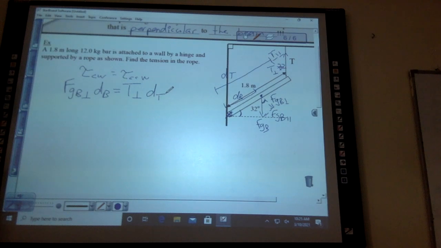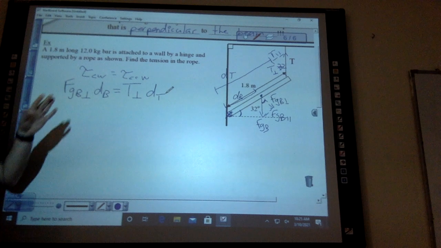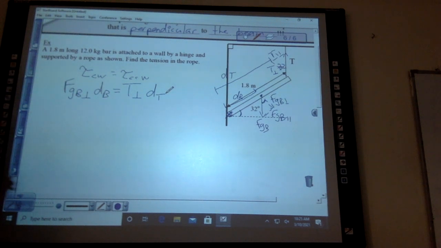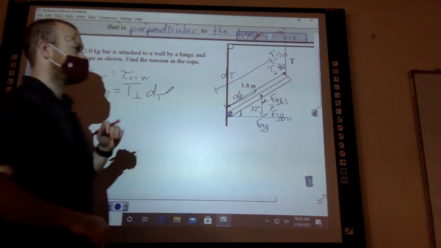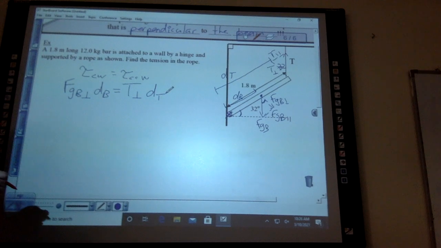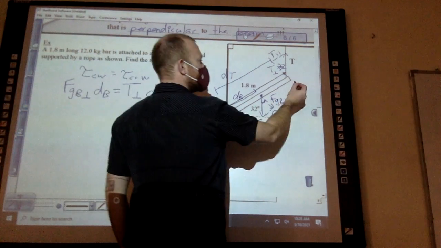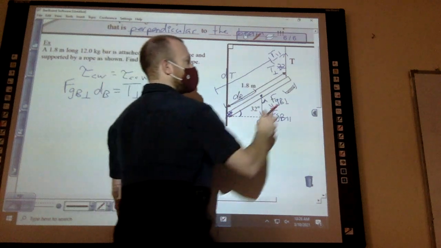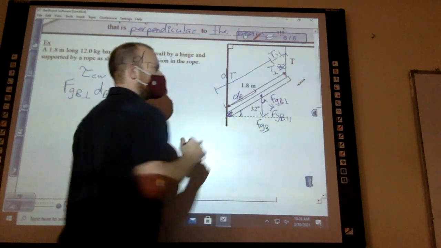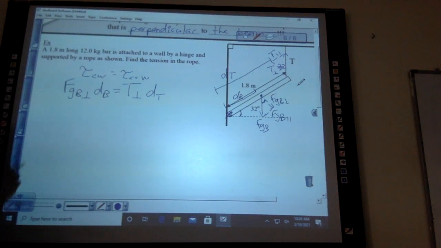We have to draw the distance things on this. No, you don't have to draw the distance things. That's just for you to see it while I'm teaching it. And to establish, again, it's from the pivot points that we make our distances. Because sometimes they like to try and trick you and say, oh, the distance from here to something over here is this. And you'll be tricked to think, oh, there's a distance already associated with that force, I'm going to put that. So always make sure it's relative to the pivot point.